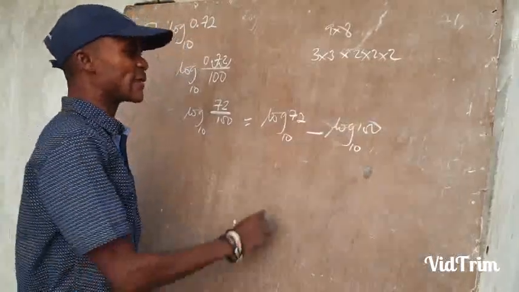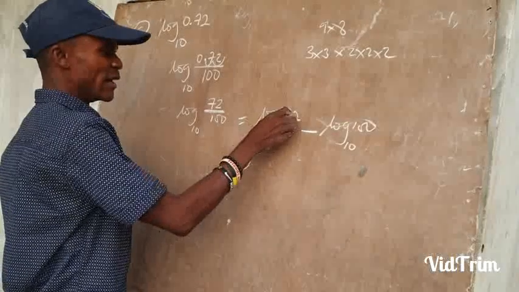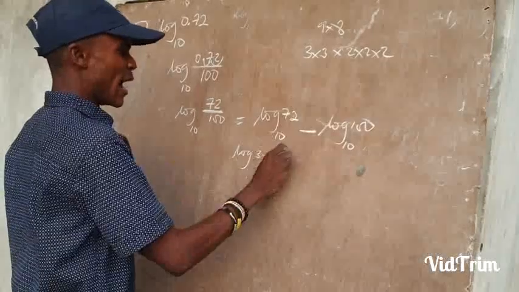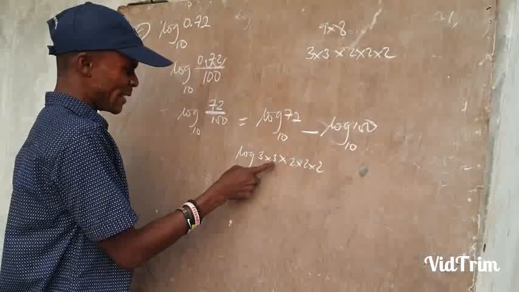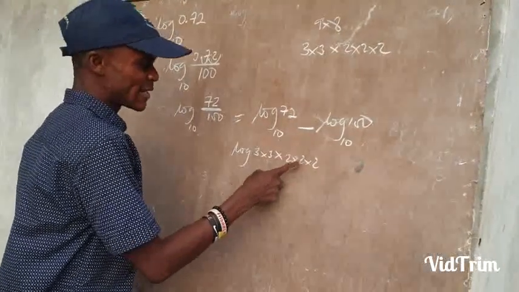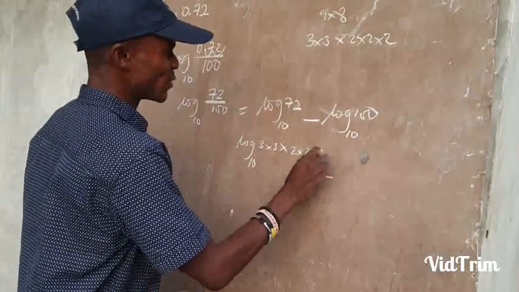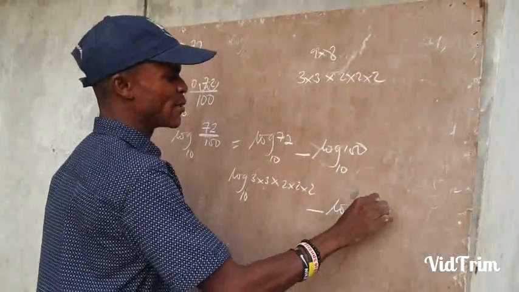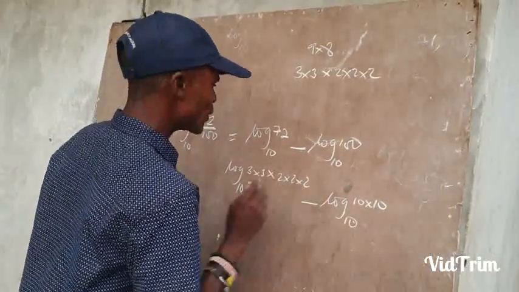So we now say log of 3 times 3, that is 9, times 2 times 2 times 2. 3 times 3 is 9. 9 times 2 is 18. 18 times 2 is 36. 36 times 2 becomes 72. The base is base 10. Minus log of 100, which is the same as 10 times 10, base 10 here.